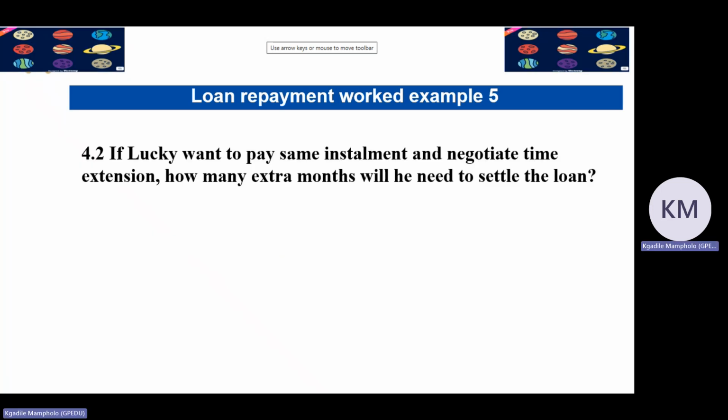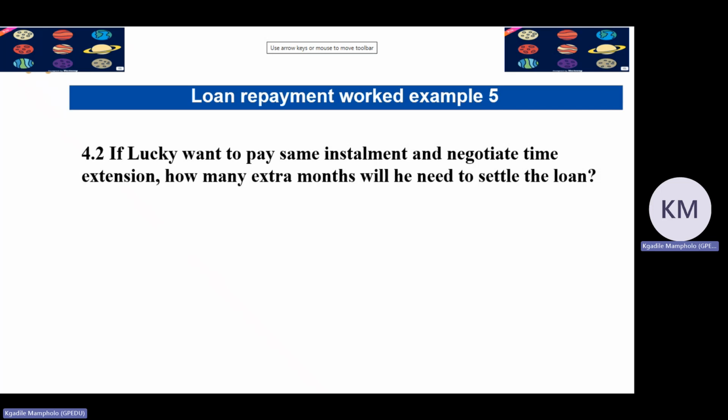Now let's look at the second option. If Lucky wants to pay the same installment and negotiate a time extension, how many extra months will he need to settle the loan? Remember, we are left with 42 months. But now, in this case, Lucky doesn't want to increase the installment. He wants to pay the same installment that we calculated in the first question, but he wants extra time to cover for the months that he missed.